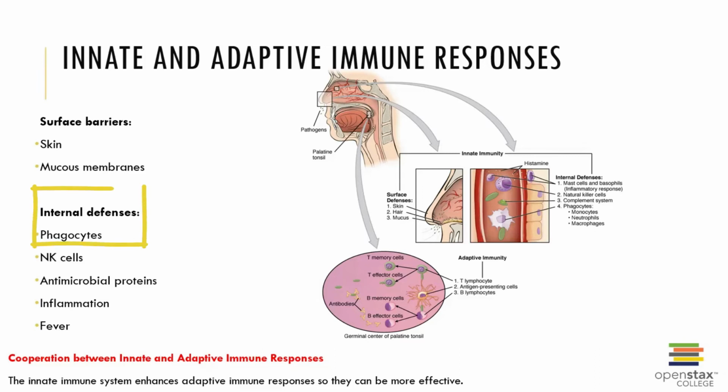Those are the cells that engulf the pathogens and any debris, should it make it past one of those physical barriers, such as the skin or the mucous membranes. Specific types of phagocytic cells are the neutrophils, the eosinophils, and the monocytes. Then we have the NK cells, which are going to detect and destroy abnormal body cells or any virus-infected cells.